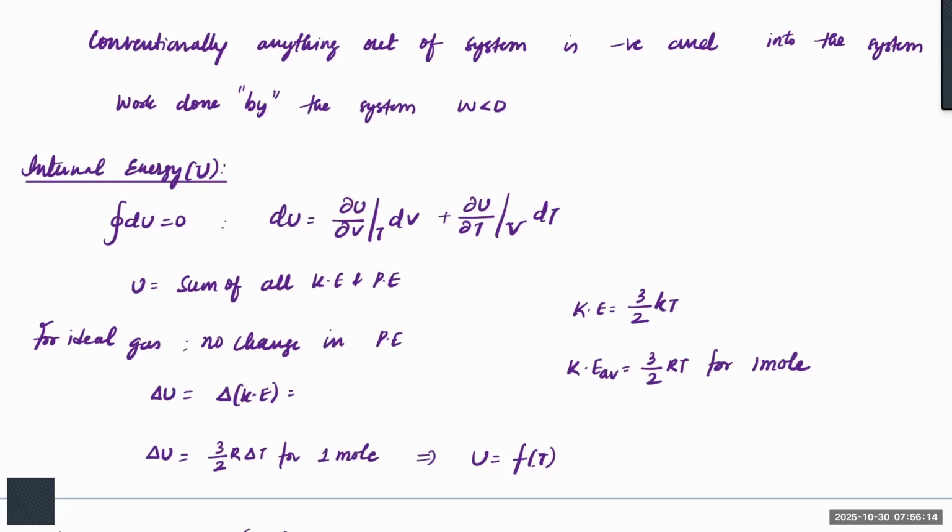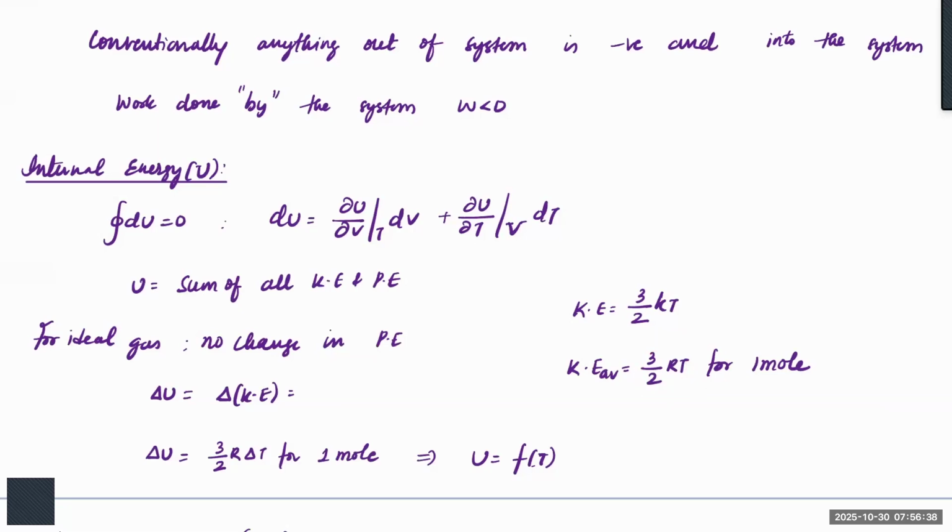Next, for an ideal gas, because there is no change in potential energy, you know that the change in potential energy for an ideal gas is zero. And the kinetic energy of an ideal gas per particle is 3 by 2 kT, or the average kinetic energy of particles is equal to 3 by 2 RT for 1 mole.